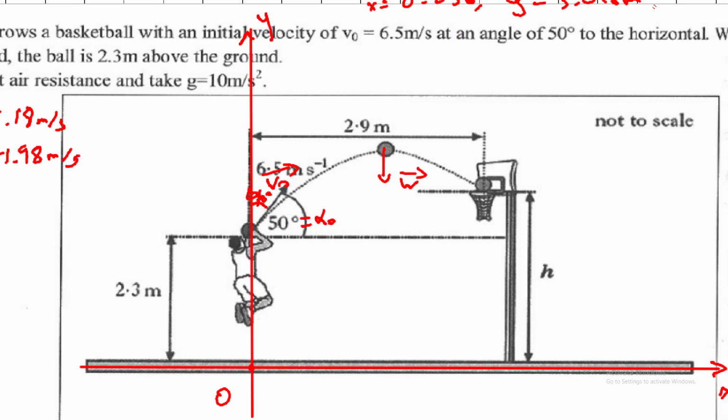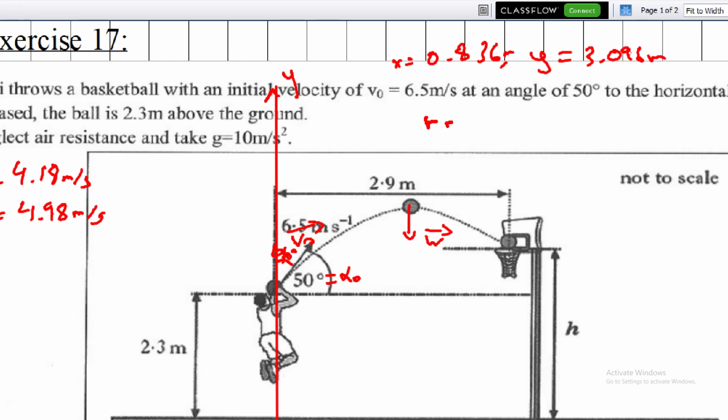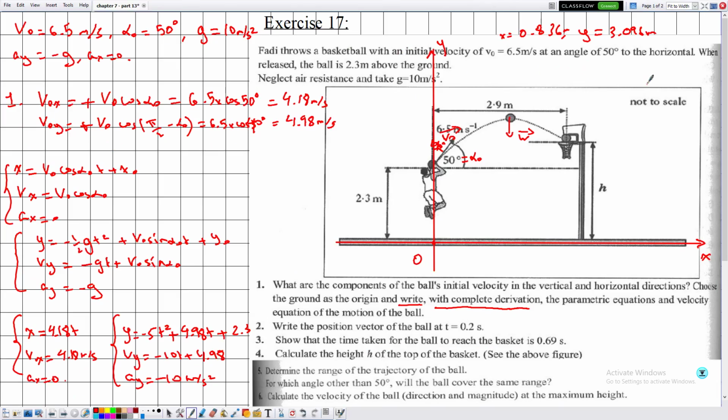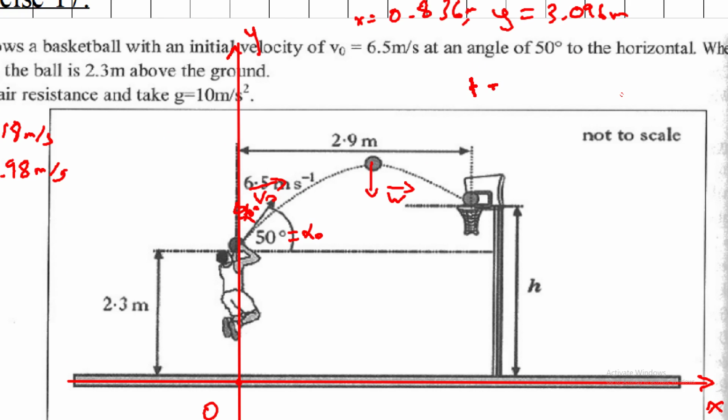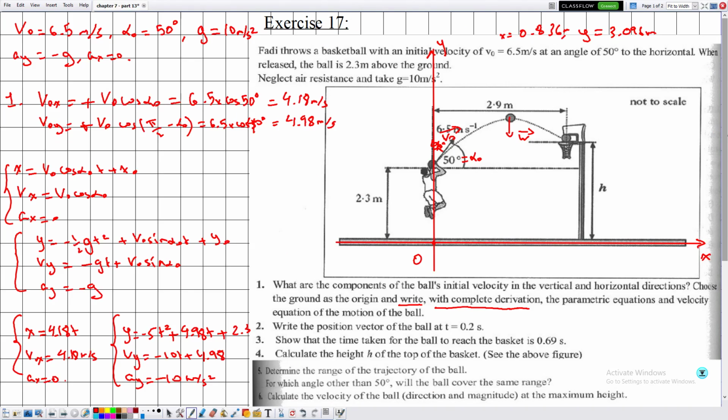So at the event labeled by the instant t is equal to 0.2 seconds, the position of the ball will have an abscissa at 0.836 meters. So somewhere, say for example, if this is 1, so this is the x, and the y is 3.096. So this is 2.3, so it will be somewhere here on the trajectory, okay? So this point here represents t is equal to 0.2 seconds.